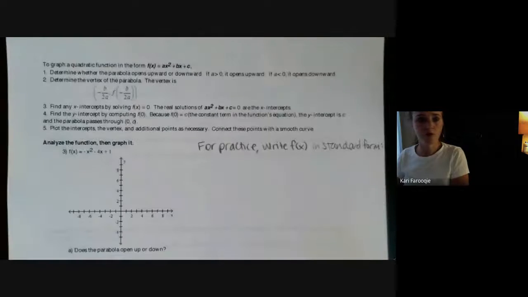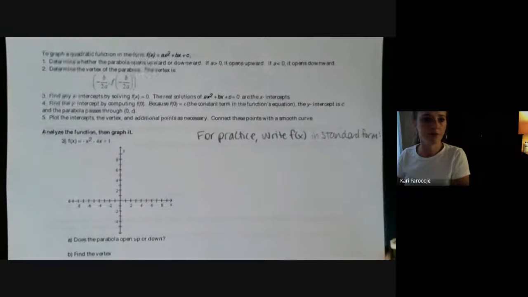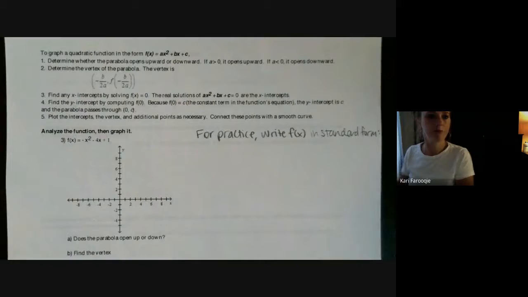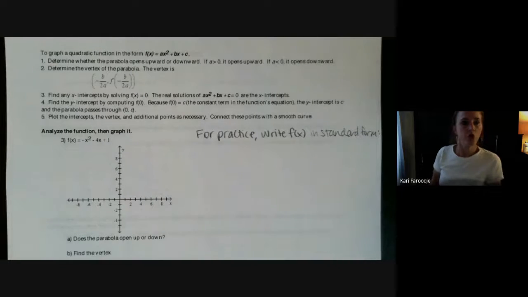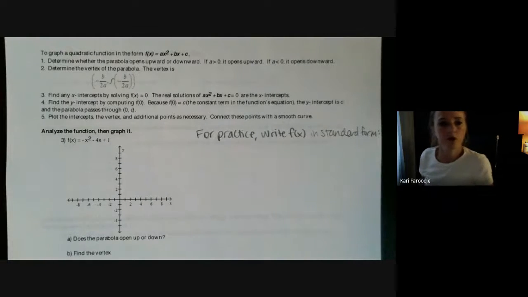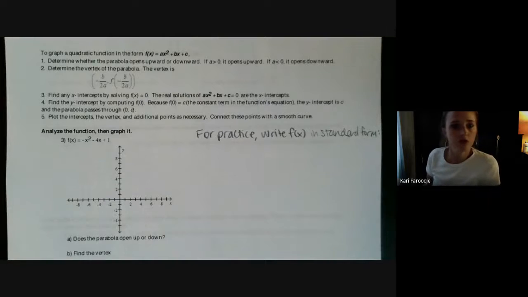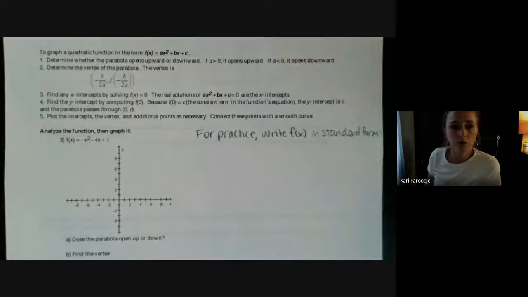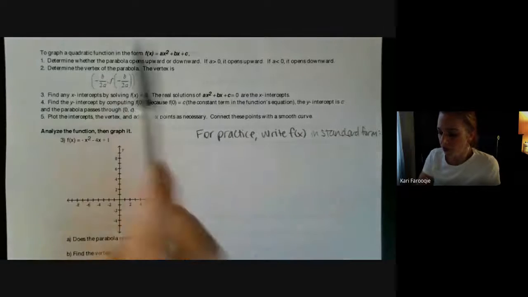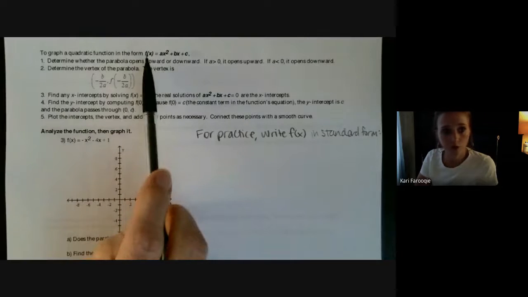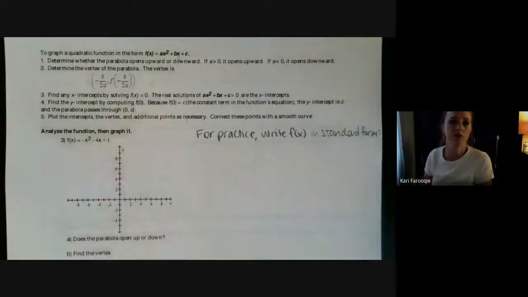Moving on. Those instructions we ignored last time, we're going to use now. Determine whether the parabola opens upward or downward. If A is positive, it opens upward. If A is negative, it opens downward. But what we're doing here is instead of looking at the quadratic function in standard form, we're going to look at it in the form f of x equals ax squared plus bx plus c.